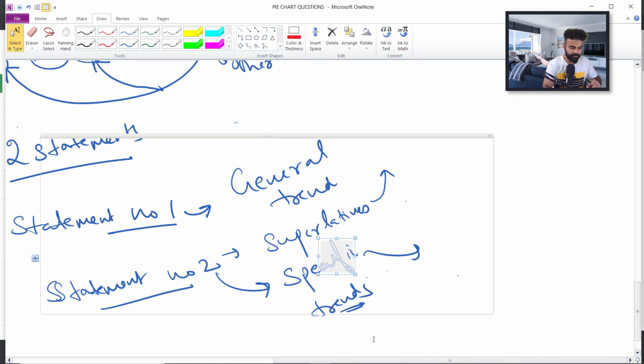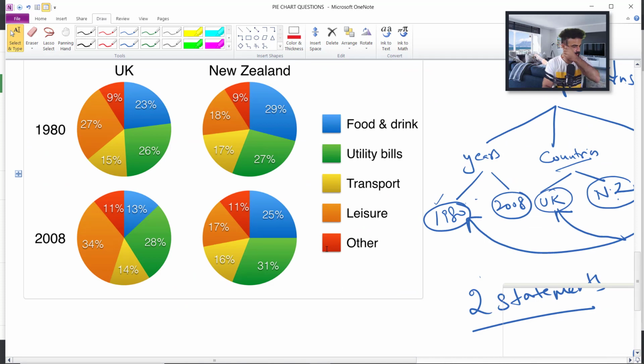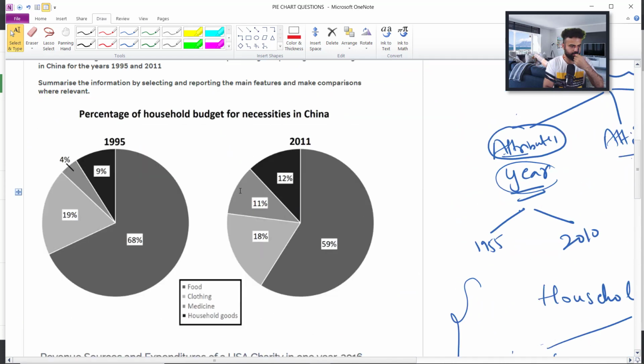Now if I have to explain here, let's talk about this. You see the clothing element, not clothing, I think that's medicine, I guess. You see medicine has increased from 4% to 11%, which is a significant increase when compared to other elements, right?